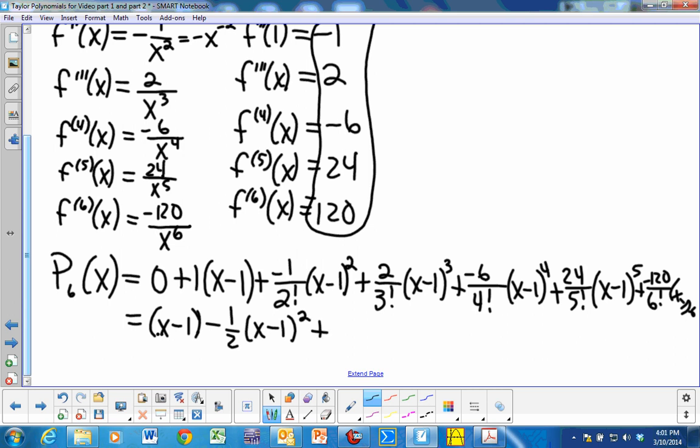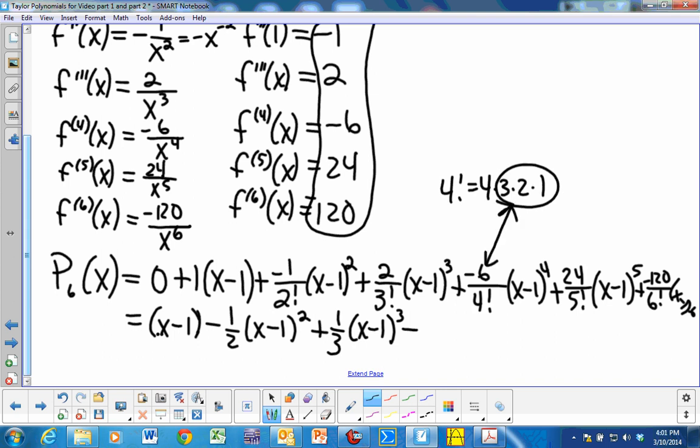Now, if you remember, 3 factorial is nothing but 3 times 2, so this actually becomes 1 over 3 x minus 1 cubed. Then we'll have minus, 4 factorial is 4 times 3 times 2 times 1. Well, that's 24, so that 6 and that 6 will cancel out. So you'll end up with minus 1 over 4 x minus 1 to the 4th.